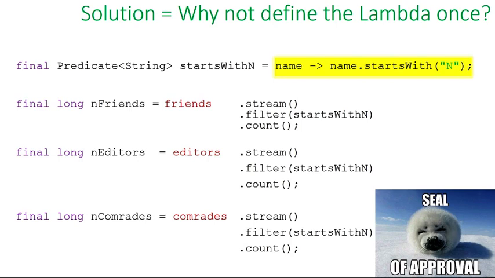Well, this is one of them: Predicate of String. It's a generic interface. Predicate means that it's going to test something and return true or false. So when you have a Predicate of String, that means this is a lambda expression that takes a string as parameter, in our case name, and returns true or false based on what it finds in that name.